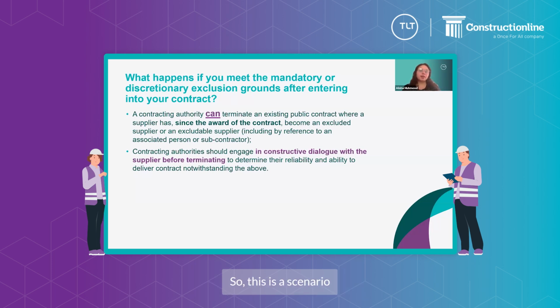So this is a scenario where you have entered into the contract with the authority, and as we've mentioned, circumstances can change. So if it transpires that you are now an excluded or an excludable supplier, or that your subcontractor or an associated person is, this means that the authority can terminate this contract. It's really important to know that this is a can rather than a must or will.